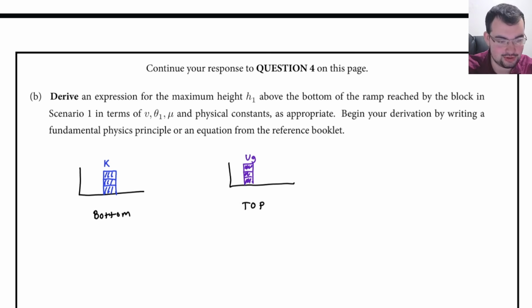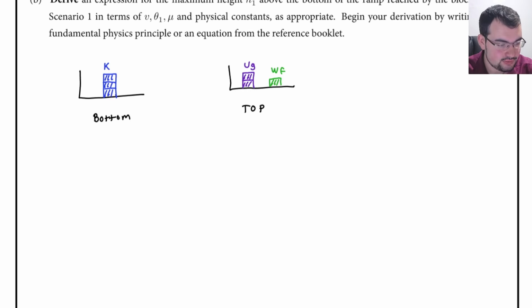Well, that's not what happens, right? At the top of the ramp, some of our energy has been converted to gravitational, but some energy was just dissipated by friction in the form of heat. So our energy conservation equation is going to look something like this.